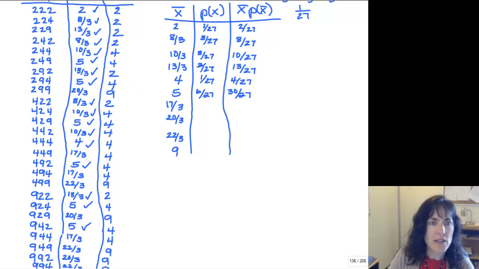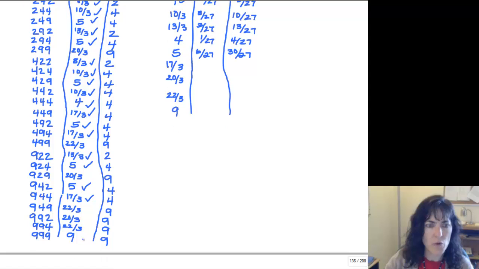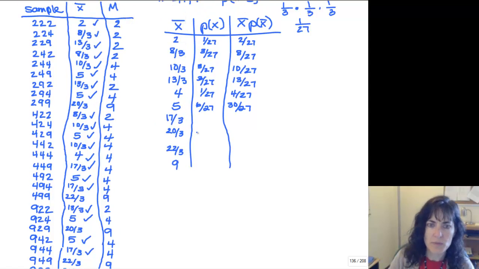And when I multiply here, I'm going to get 30/27. And then 17/3, there's 1, 2, 3. I don't think I have any more of those. So 3/27 again.